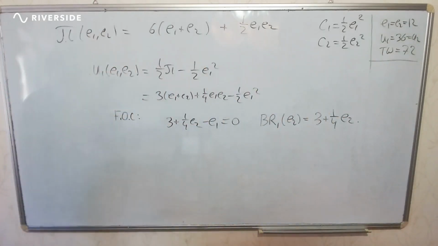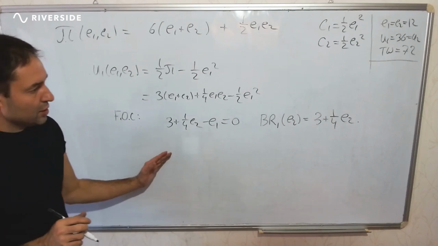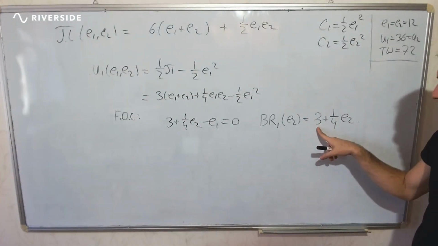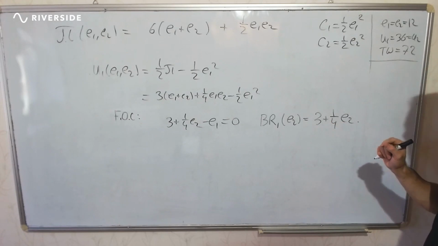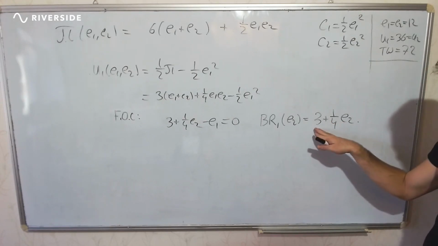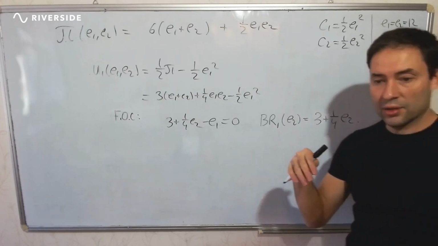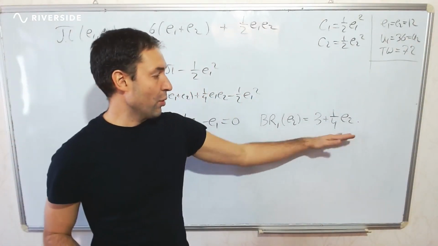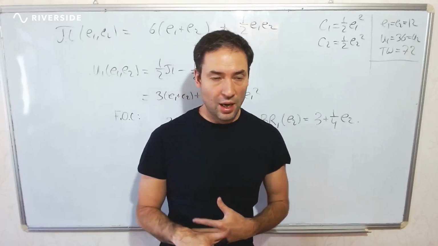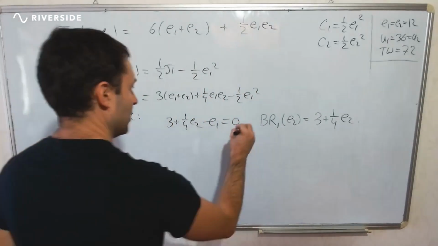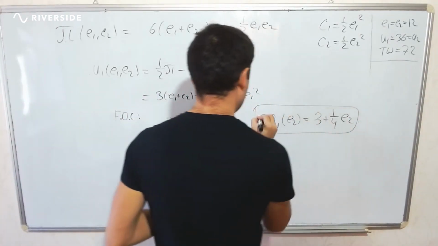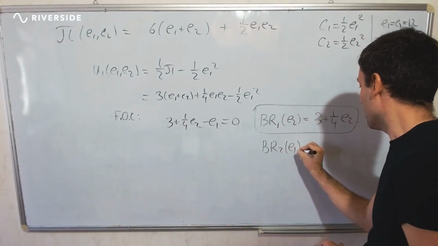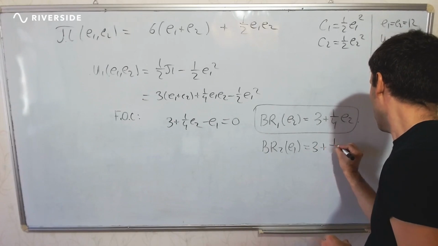Note that there are no corner conditions of any kind, because even if the other agent picks a level of 0, you want to produce at least 3, and as the other agent contributes more and more to the firm, your contribution is also growing. So it's an upward sloping best response function. That's the full best response. Obviously, if we solve for the second agent, his best response will look identical.